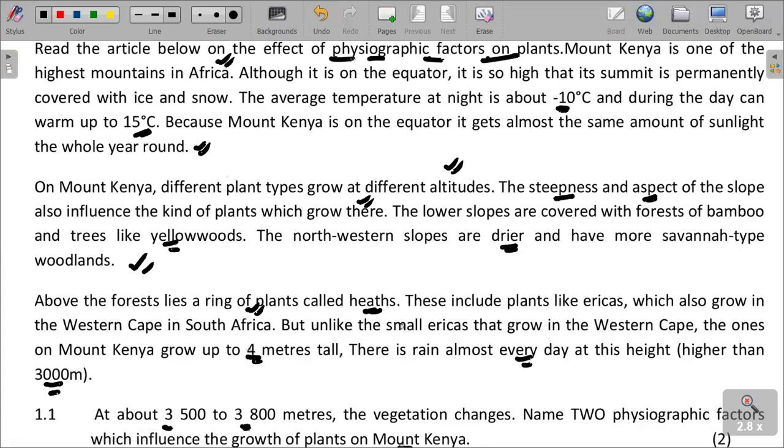The steepness, which we can also say the slope, and aspect of the slope also influence the kind of plants which grow on Mount Kenya.